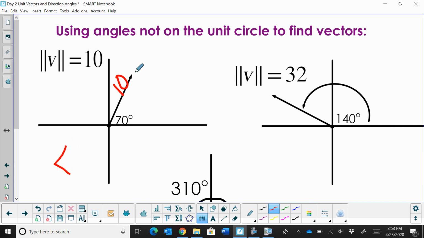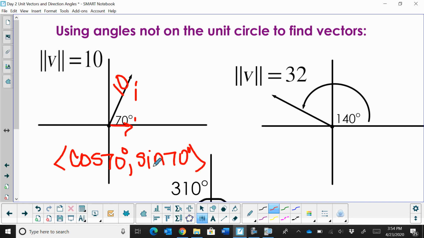So the unit vector is cosine of 70, which would give us this horizontal direction. The vertical direction would come from the sine of 70. And that would be the unit vector.